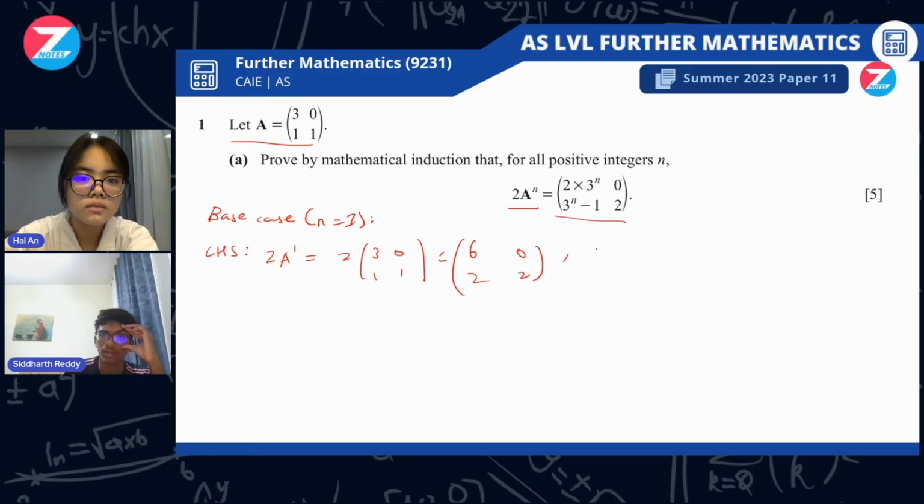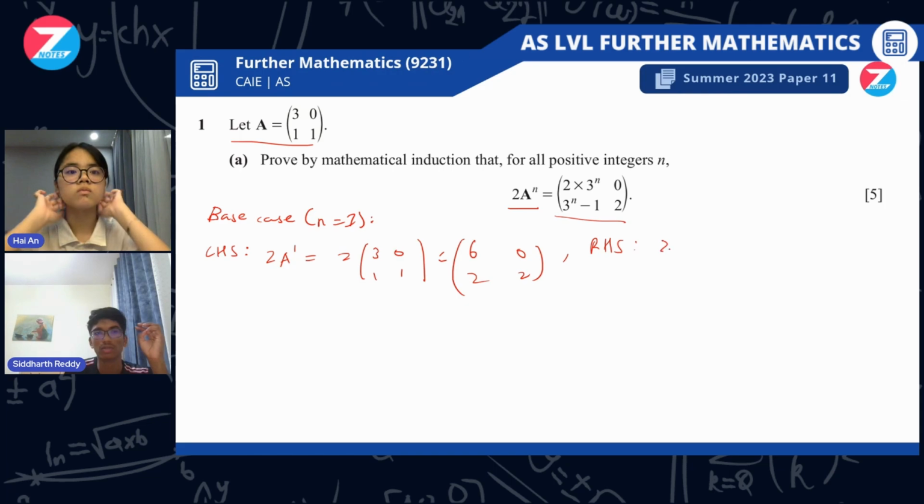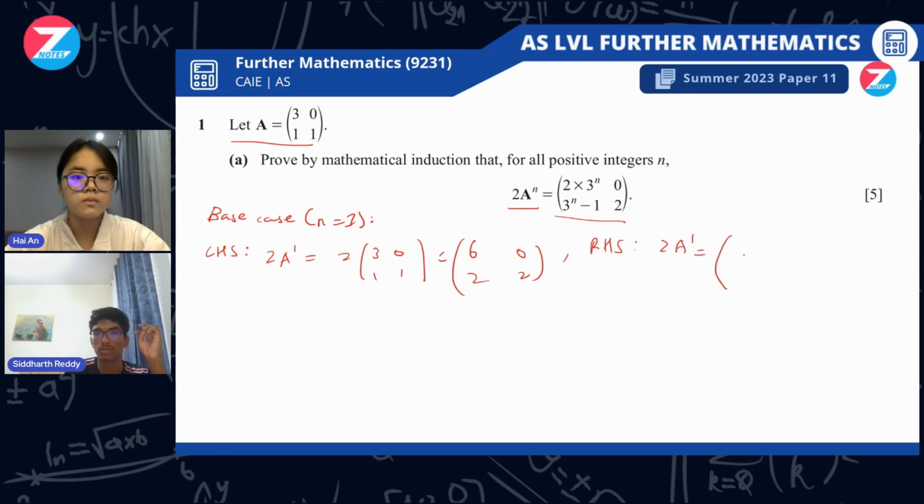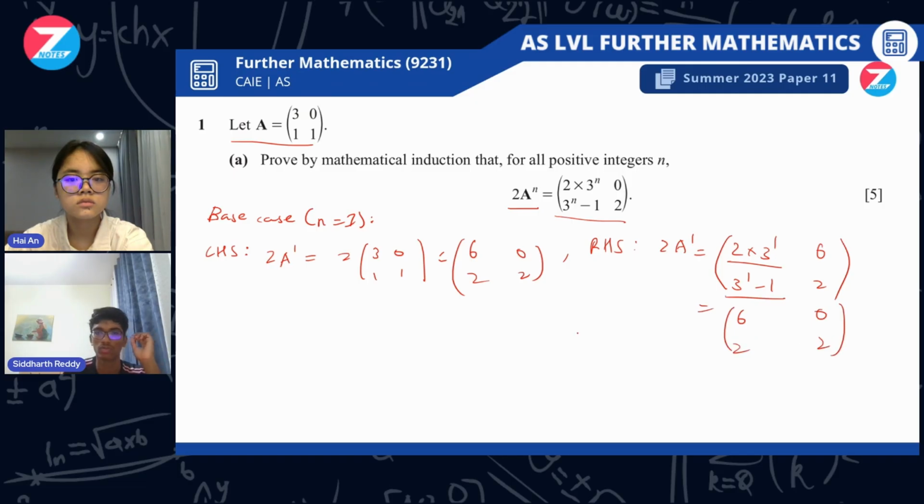And if we do it with the right hand side, 2A to the power 1 is equal to (2 times 3 to the power 1, 0; 3 to the power 1 minus 1, and 2). So this is equal to (6, 0; 2, 2). So the left hand side is equal to our right hand side. So it's true for n equal to 1.